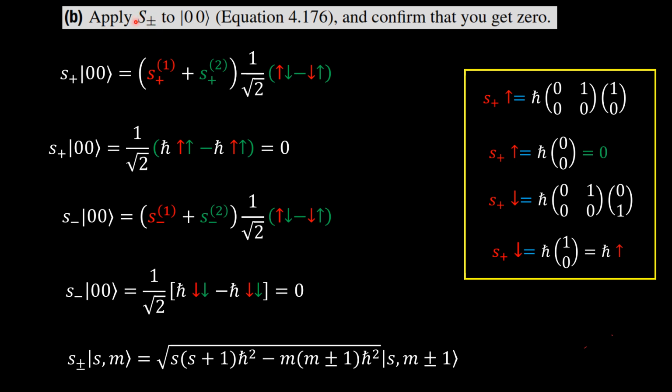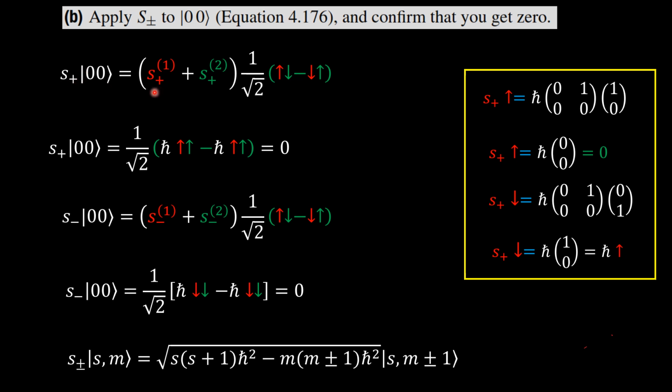Part B is: apply S plus or minus to the ket vector 0 0 and confirm that you get 0. So now you take the raising operator S plus, which acts on 0 0.